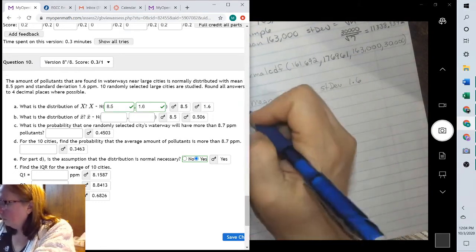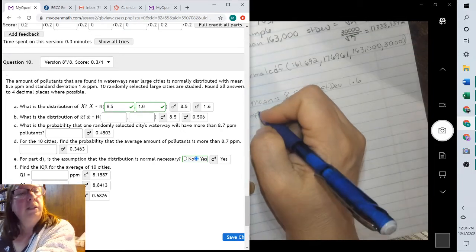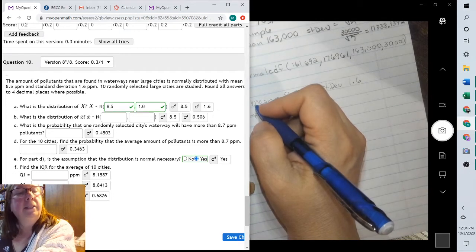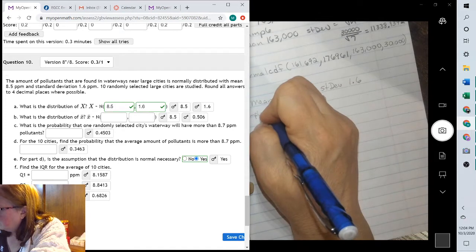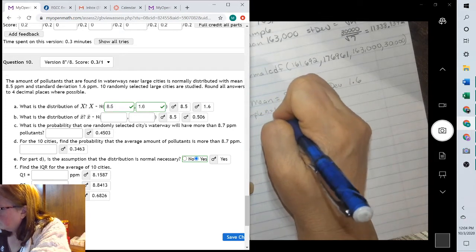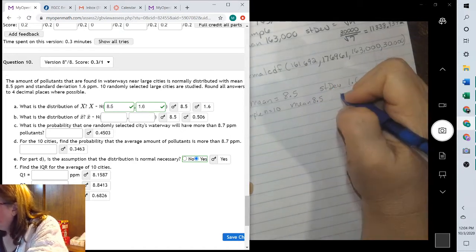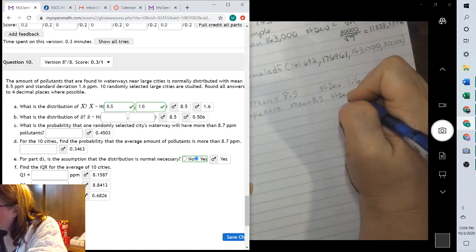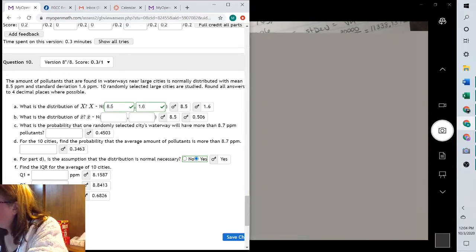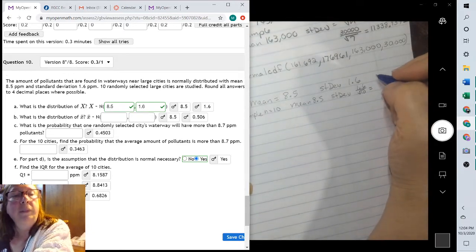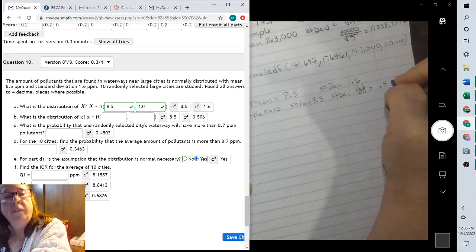B is the lowercase, it's a sample. And this one, the sample size is 10. 10 randomly selected large cities. Mean doesn't change, 8.5. But the standard deviation is 1.6 divided by the square root of 10. And 1.6 divided by the square root of 10 is 0.506.